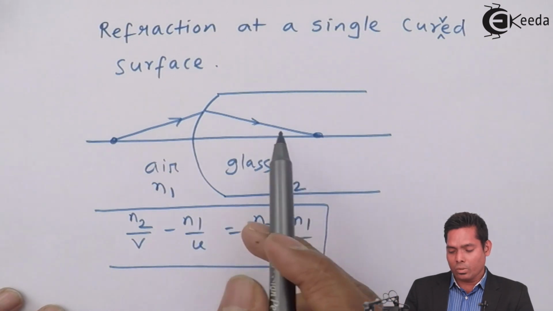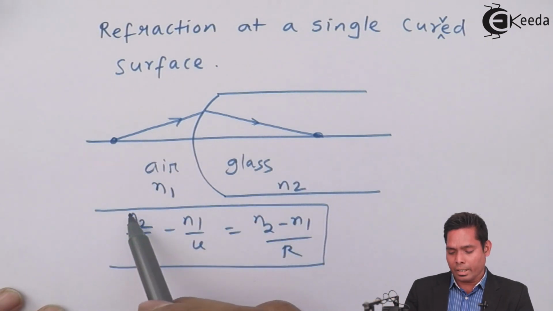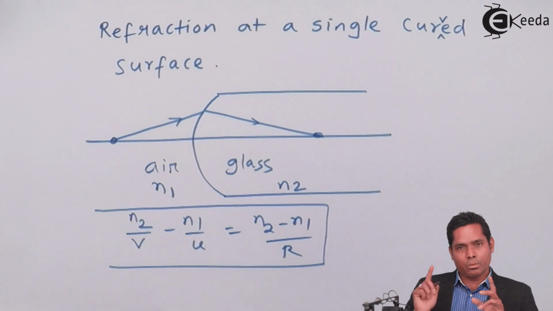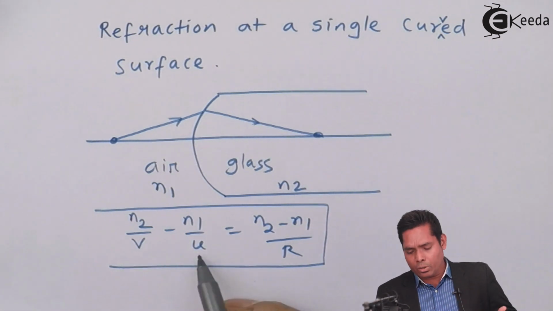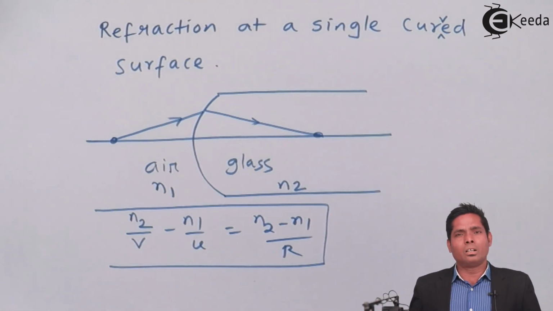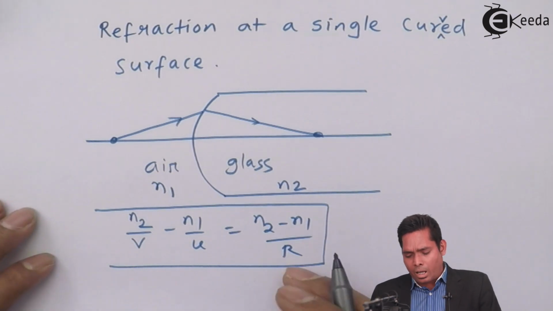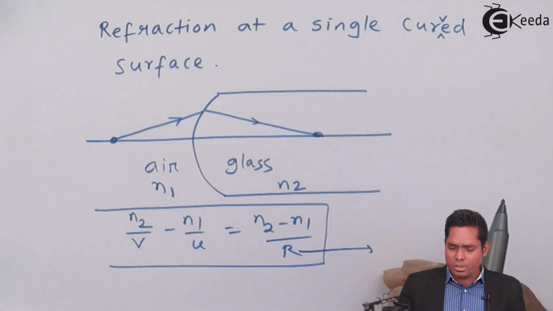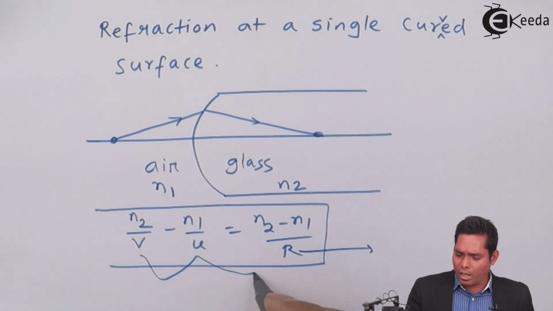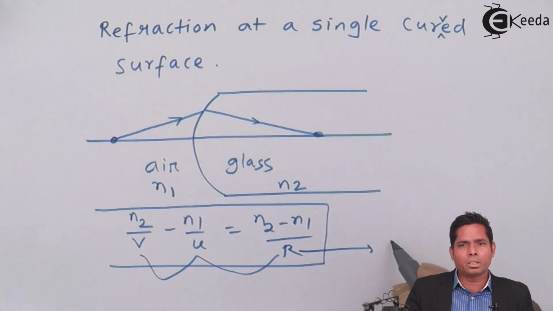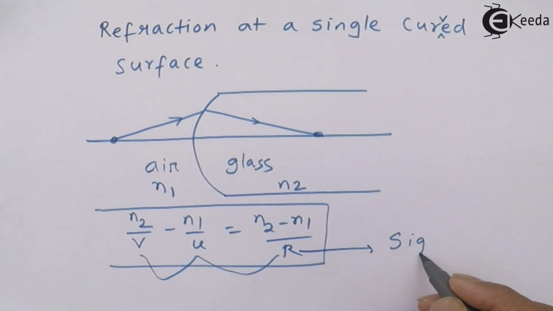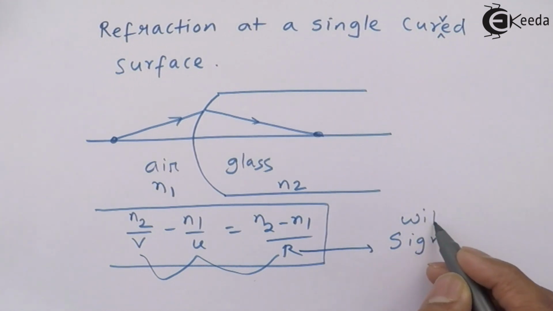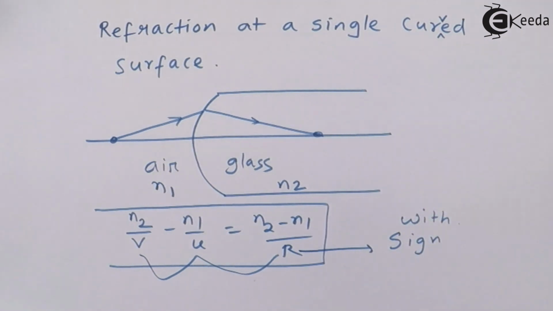If it is glass to air, then n2 will be air and n1 will be glass. That you must keep in mind. And v and u are the respective image and object distances. With R, you must take the proper sign, positive or negative. So u, v and R are taken with signs.